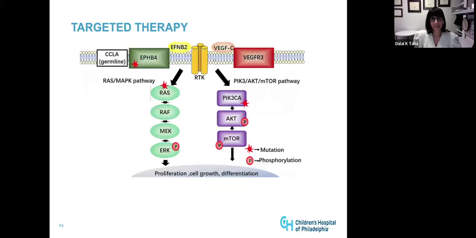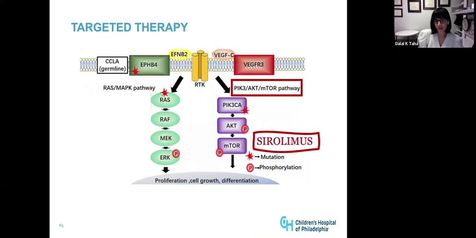Okay, so now I'm going to spend the rest of the talk on targeted therapies. We sort of touched a little bit earlier on the two main pathways that regulate lymphangiogenesis. That's the RAS pathway and the mTOR pathway. And so starting with the mTOR pathway, mutations are usually seen in PIK3CA, which will upregulate mTOR.